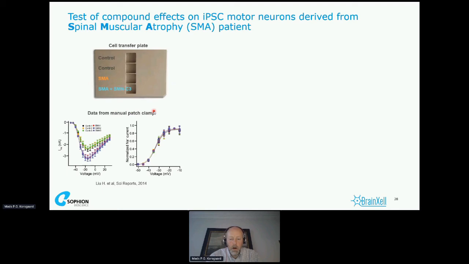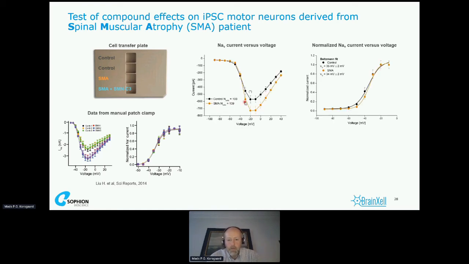The other type of patient cells that we had access to was spinal muscular atrophy patient. Again, control wells, and then the SMA patient cells, and then SMA cells that have been exposed to this molecule that rescues the current.